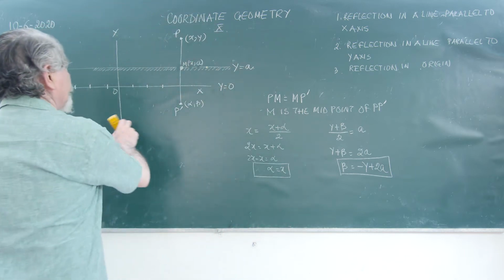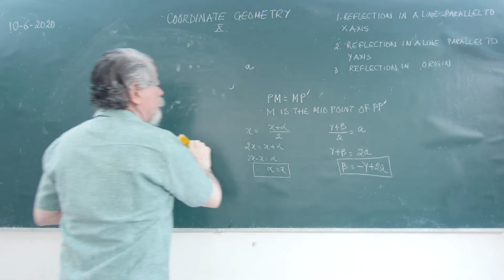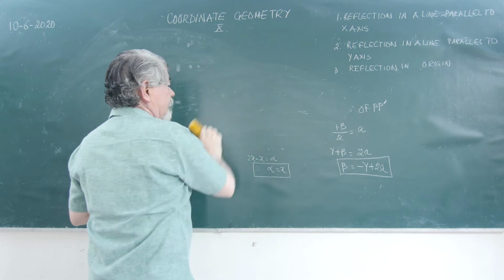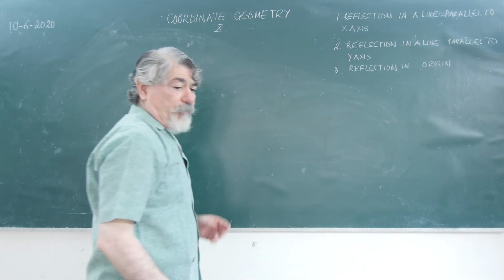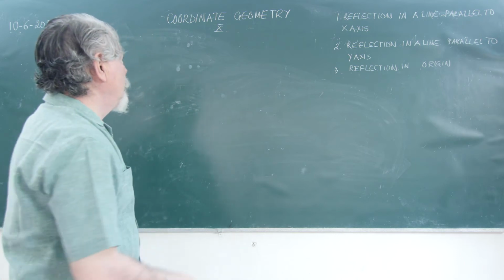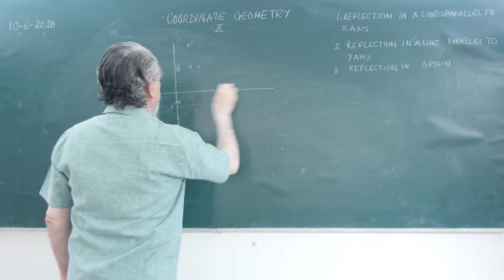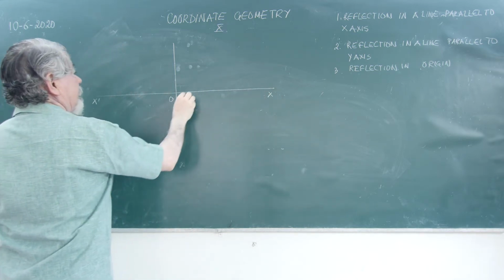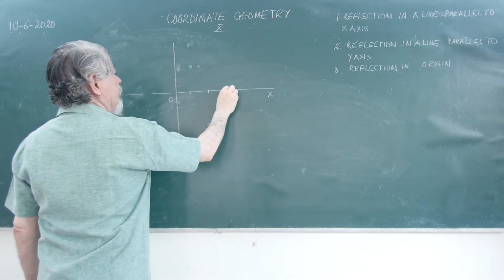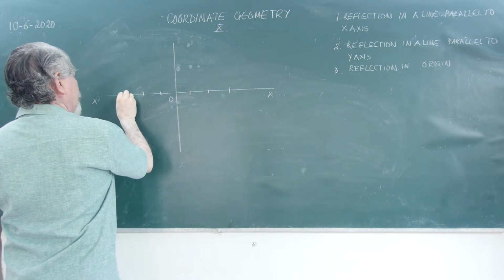Now let me reflect a point in a line parallel to y-axis, like we did for x-axis. For example, this is your coordinate axes, this is your O, X, X dash, and these are always marked at equal distances.